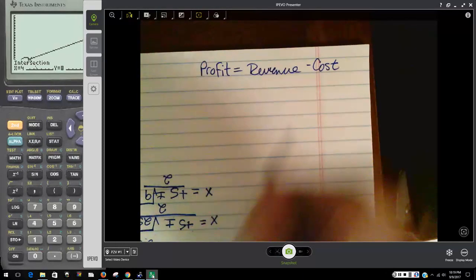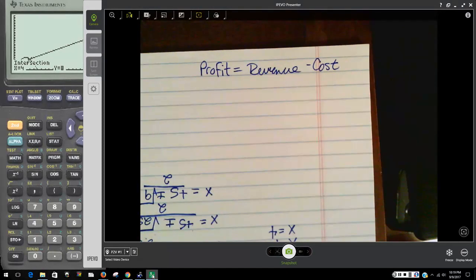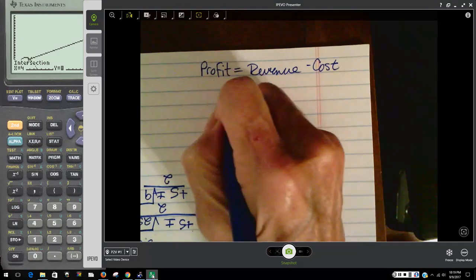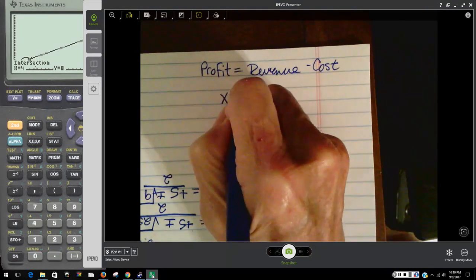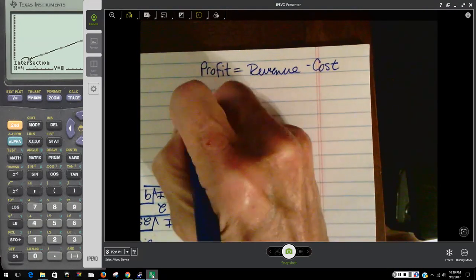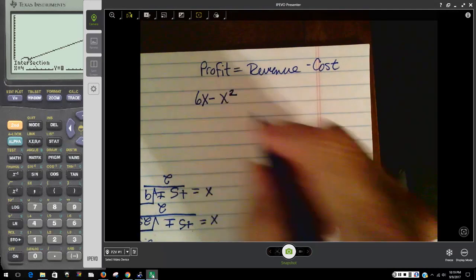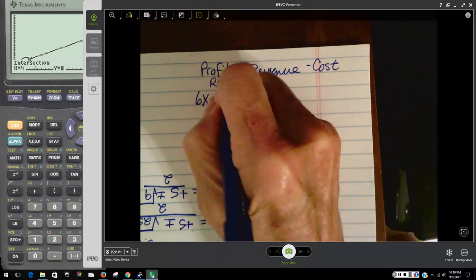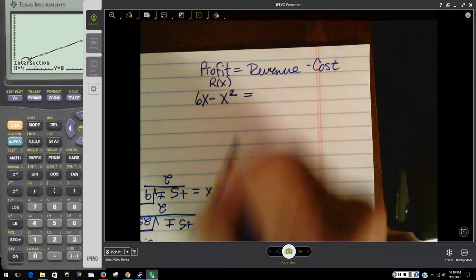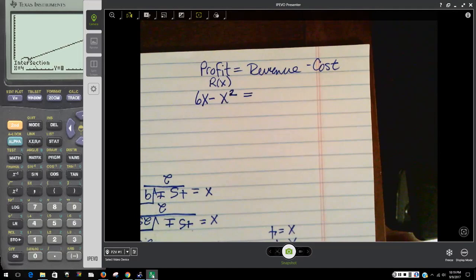Profit equals revenue minus cost. Our revenue function was negative x squared plus 6x, or 6x minus x squared. And that's actually the way it was given to us in the problem. And our cost was x plus 4.